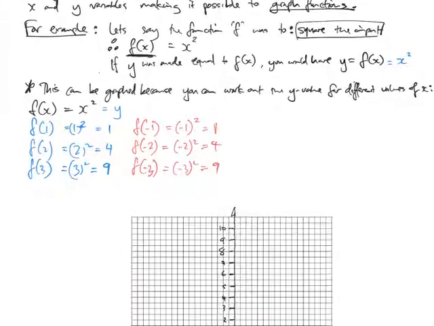So what you can see, we've plugged in a bunch of values of x through the function, and now the extra step that we're doing here to graph it is making those results equal y values, equal y.